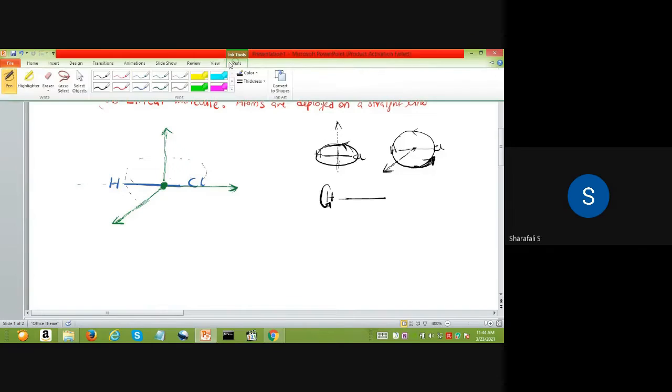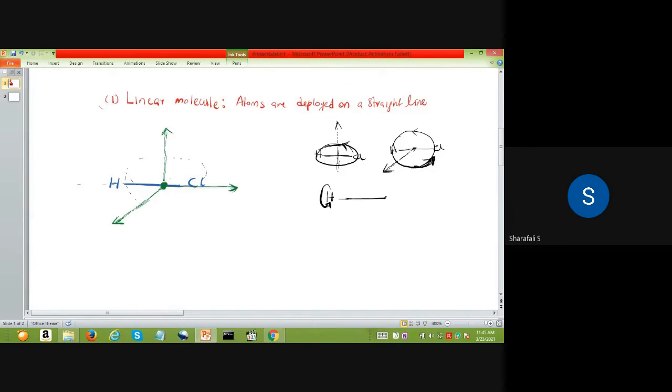Let's consider that chlorine is rotating. Your chlorine atom will also be rotating, both in the same direction. So it can rotate like this about this axis. So this is your third axis.